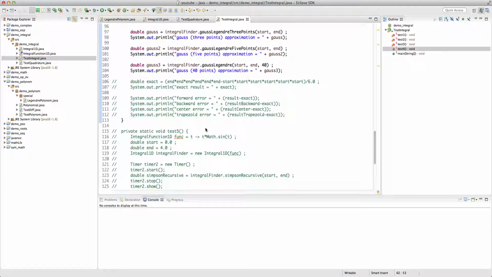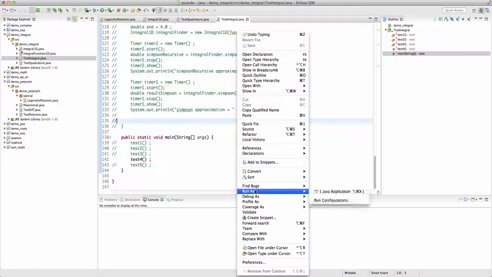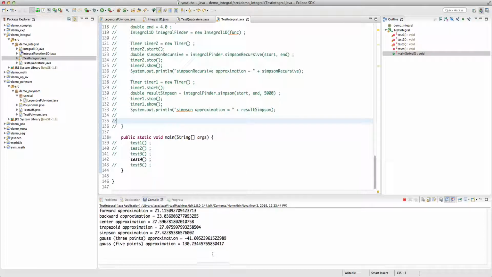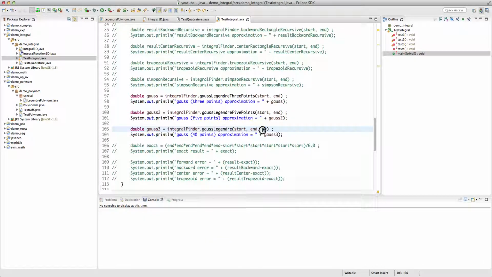This is our test 4. As you can see, the 40-point quadrature is still working. It takes some time to find the roots. So that's not the best way to implement it.